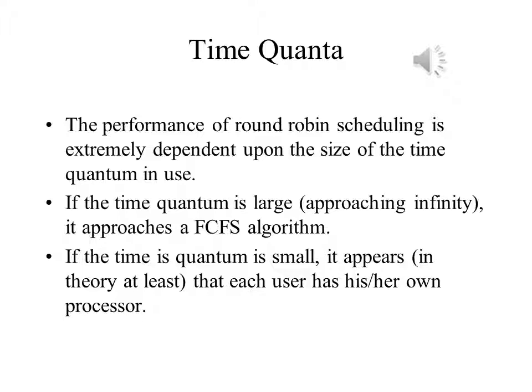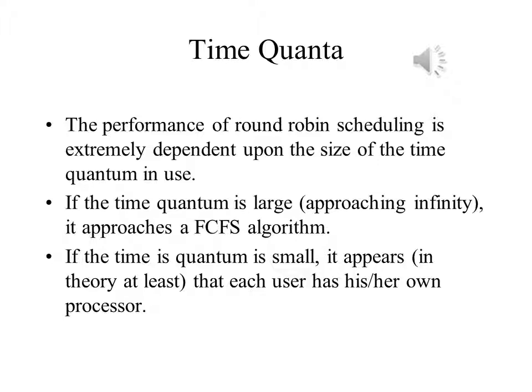A round-robin algorithm can work well if the time quantum is the right size. If it's too large, it degenerates into a first-come, first-serve algorithm, and we can end up having the same kind of throughput problems that we saw in our scenario earlier, where a time-consuming CPU burst is ahead of two shorter ones.